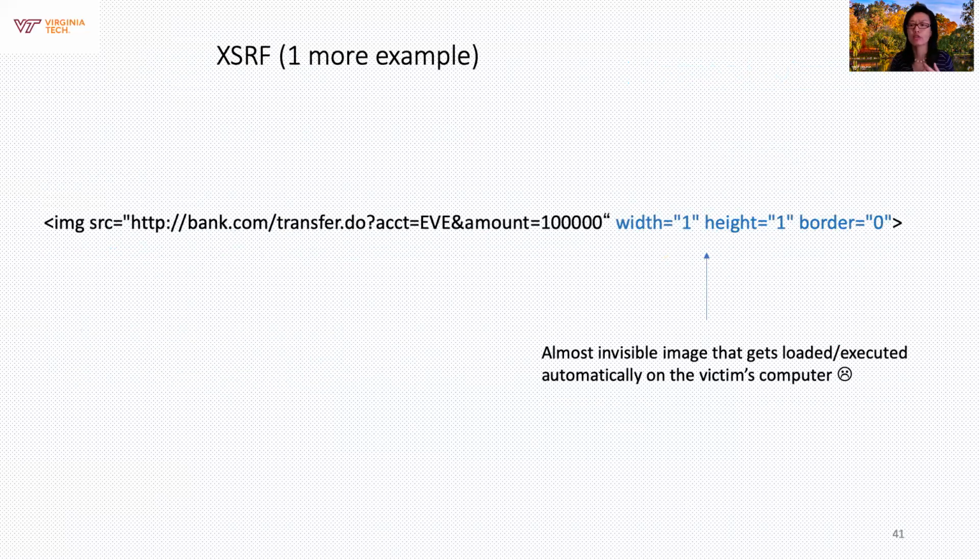Another example is even harder to detect. If you program in HTML, you know that the image source a lot of times just gets loaded automatically, right? So you load the page, you grab that image, and this is a tiny image, width 1, height 1, so it's almost invisible.